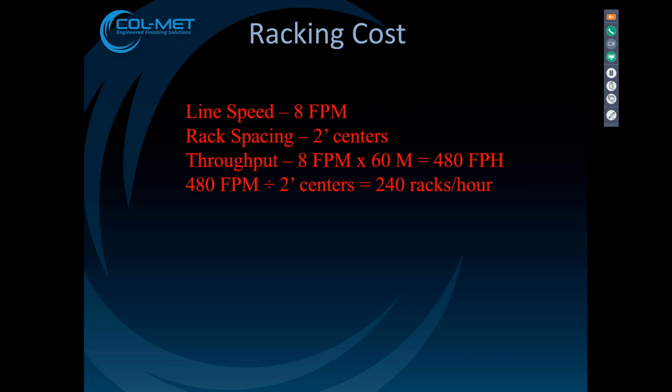Throughput: 8 feet per minute times 60 minutes equals 480 feet per hour. Divided by 2-foot centers equals 240 racks an hour. The racks this particular customer developed hold 200 pieces per rack, so 240 times 200 pieces per rack equals 48,000 pieces an hour.